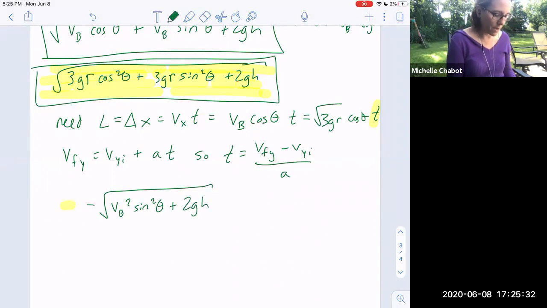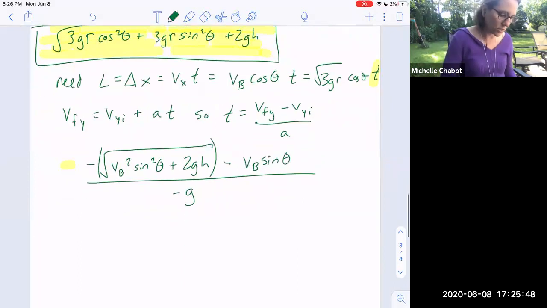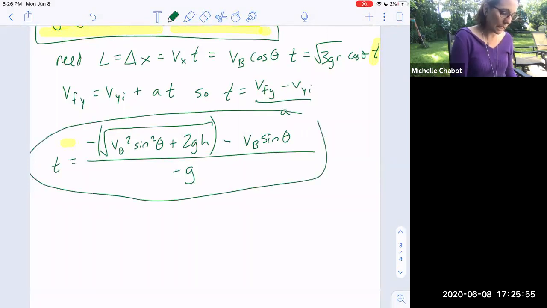So that's Vy final, I made it negative, minus Vy initial, which was Vb sine theta. And then I put that all over A, over negative G. So my negatives are all going to cancel out. And so my time is going to equal this ugly thing.